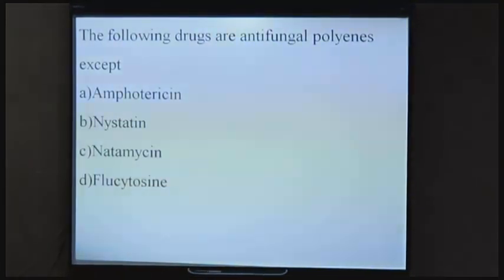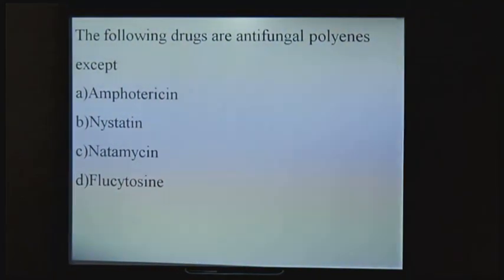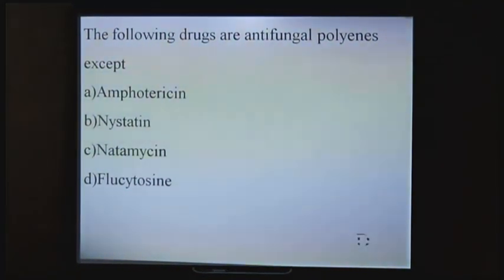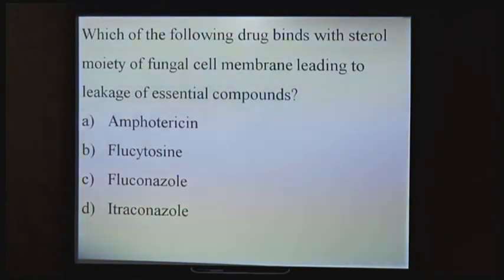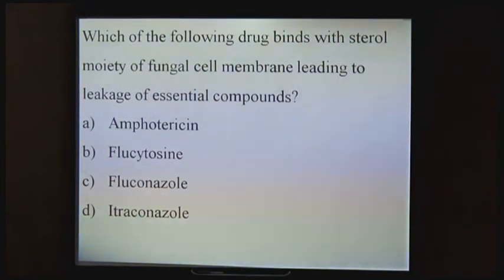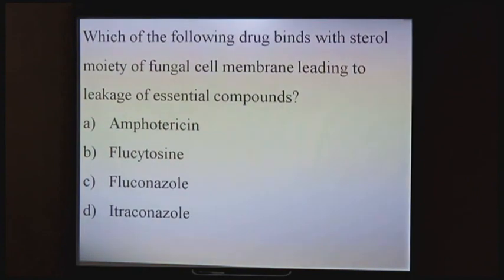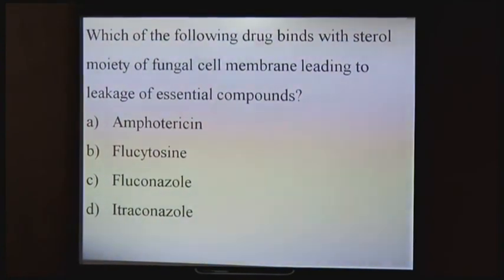The following drugs are antifungal polyenes except. Alright? Which of the following drug binds with sterol moiety of the fungal cell membrane leading to leakage of essential components? This is not a general antifungal mechanism.